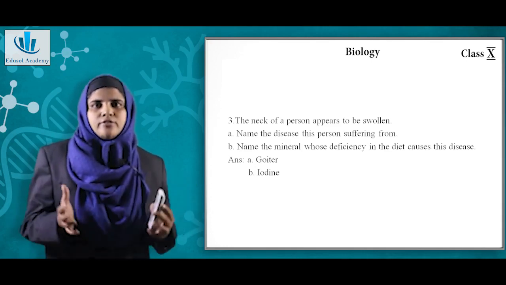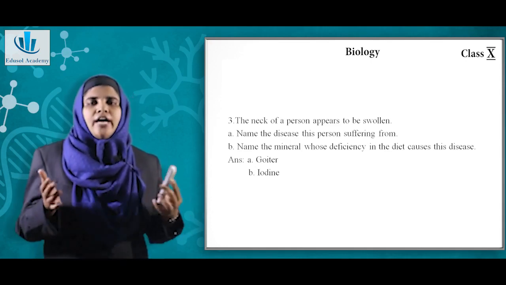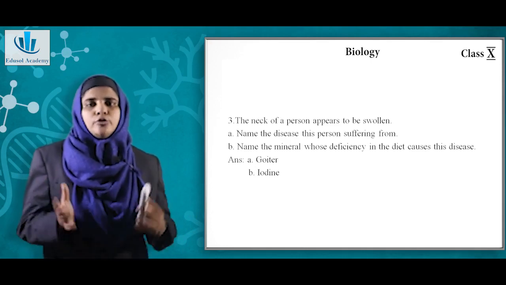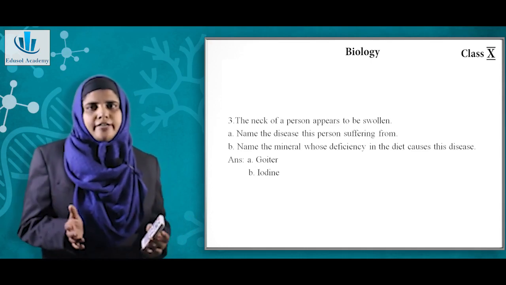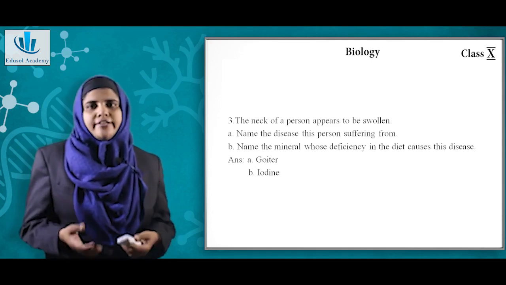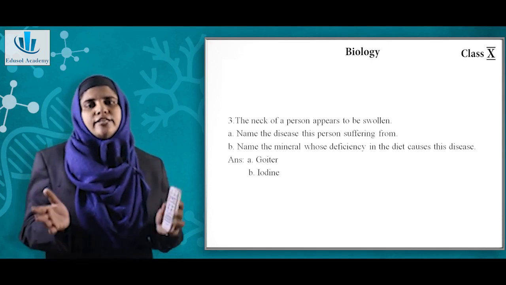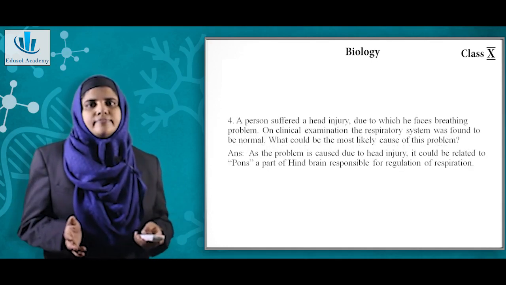So, the neck will be enlarged, and for the production of thyroxine you need a mineral called iodine. So, the deficiency of iodine in the diet can cause goiter.